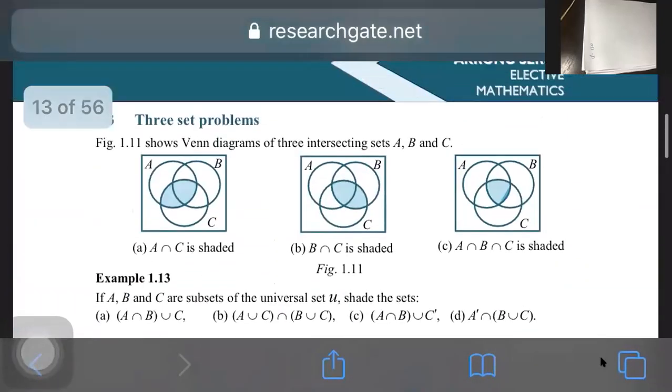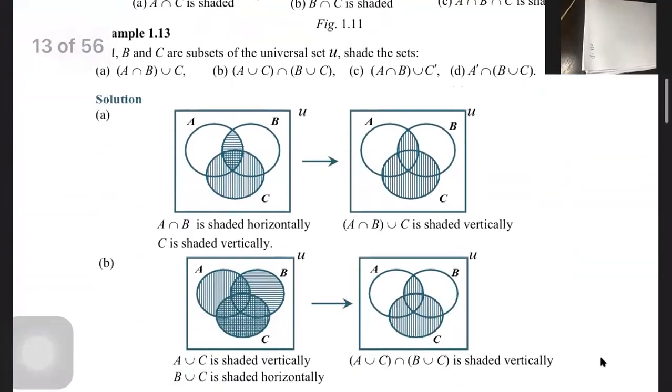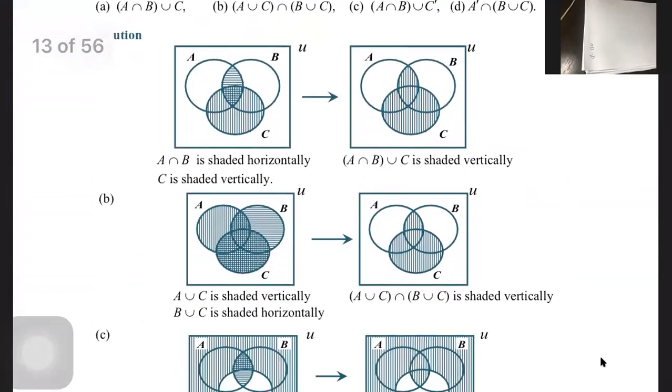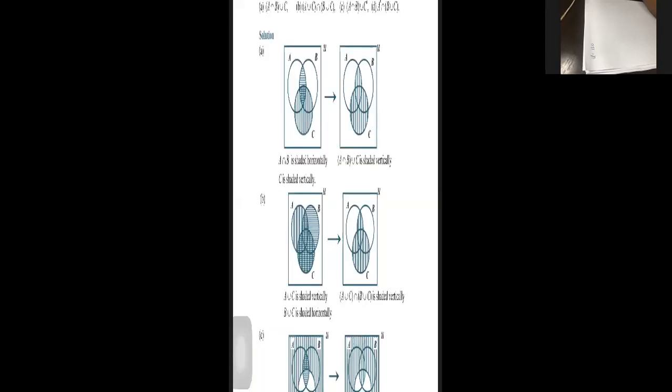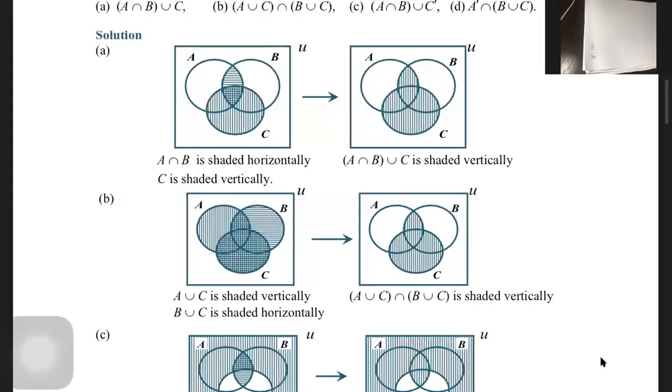So let's look at something like this one. This is A union C intersection B union C. So A union C is shaded vertically. That is A union C. And then B union C is shaded horizontally. So after you do that, that is why I was looking for a rule.